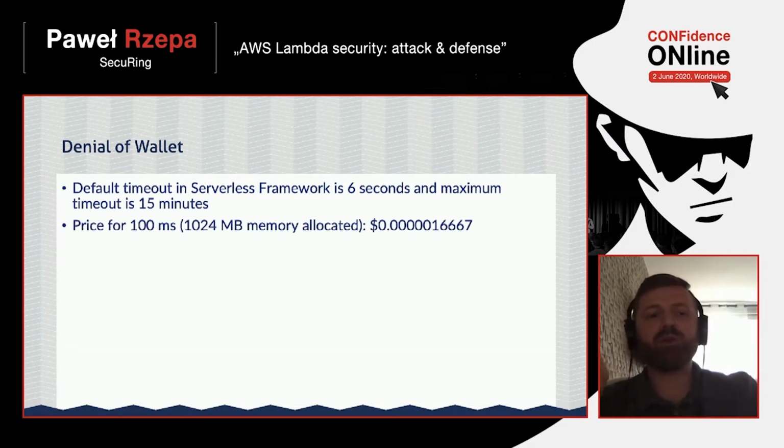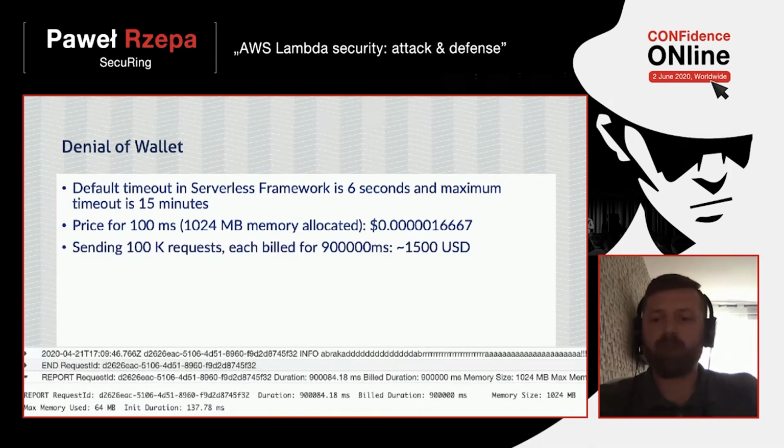What you should know about pricing is that you are billed not only for the number of requests, but also for the computing time. And the price depends on the amount of allocated memory. In the case of the Serverless Framework, it is by default assigned 1 GB of memory.